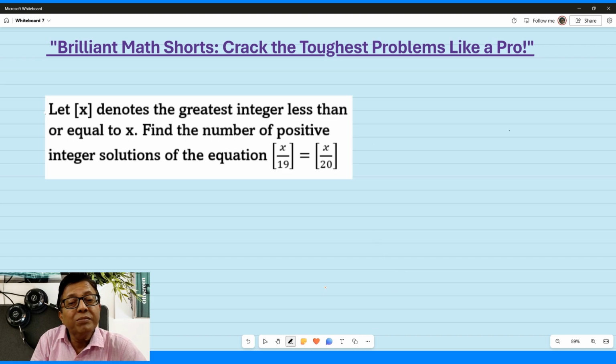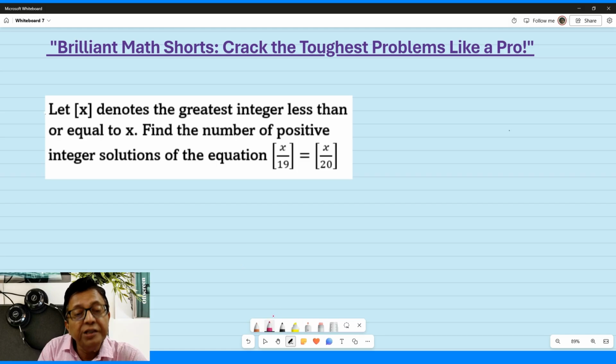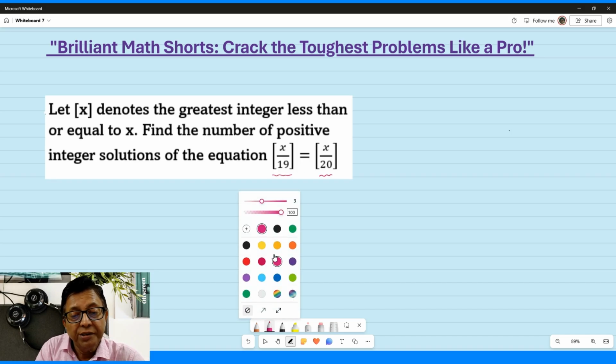If you want to solve this equation where the greatest integer function is involved, you have to keep in mind that this is an integer, this is also an integer, isn't it? Now, for these integers, both sides will be one integer only.